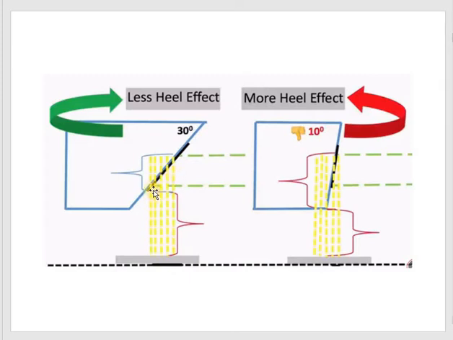Notice that only one beam has to overcome this distance. The second beam has to overcome a much lesser distance. The third beam has to overcome a much lesser distance, and it goes on with the following beams. The distance that the beams need to overcome is lesser if the anode angle is higher.